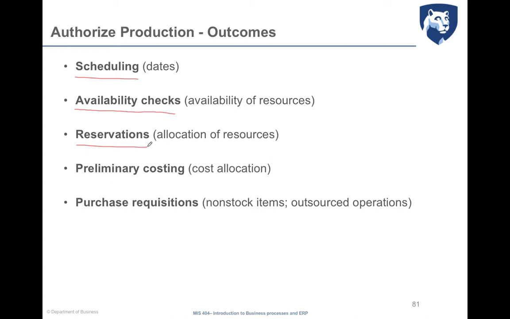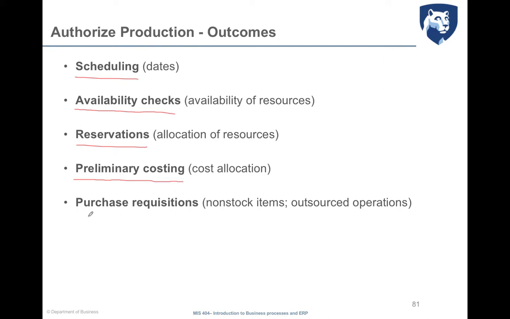And according to this, a preliminary costing. So according to the resources allocated to this production order, there is a preliminary estimate of the cost that the organization will incur to realize the production described in the production order.